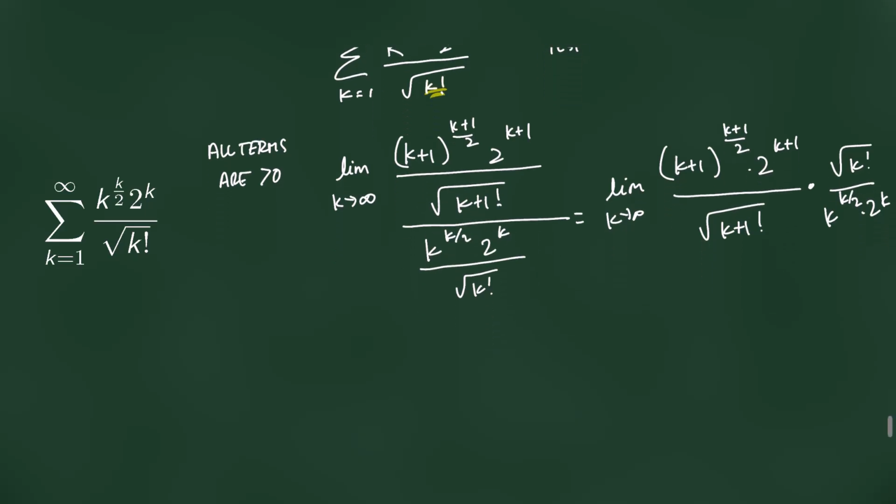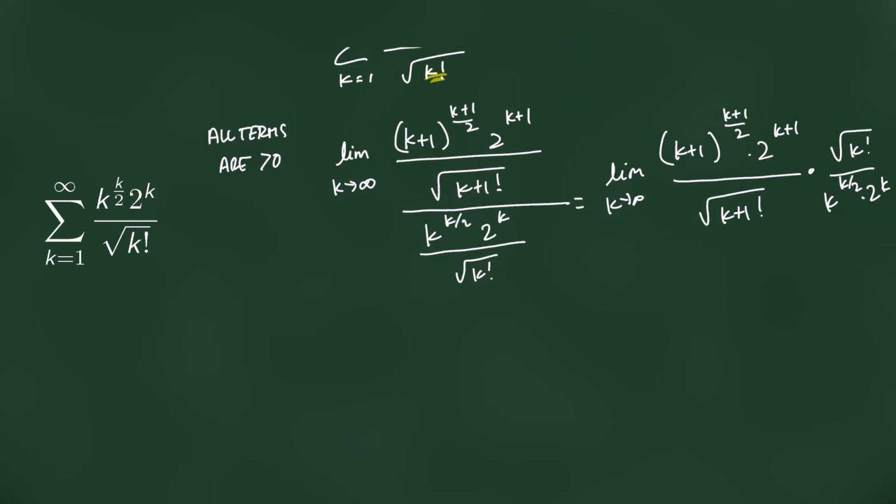I'm going to group the things that look alike to make our lives a little bit easier. So we have the limit as k goes to infinity. I'm going to put (k plus 1) to the (k plus 1) over 2 over k to the k over 2 here. And then I have 2 to the k plus 1 over 2 to the k.